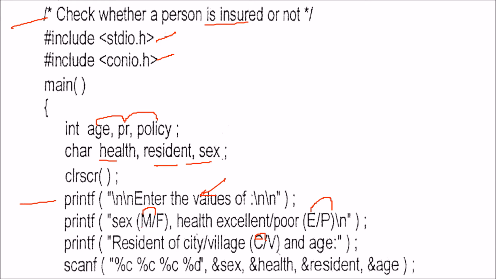We specifically tell the user that the sex has to be entered as M or F. It can be either small m or capital M. Similarly with excellent or poor, E for excellent and P for poor, either uppercase or lowercase. Both are acceptable. Then we have the resident, C and V, that is city or village. Again, lowercase and uppercase both are acceptable. And then the age.